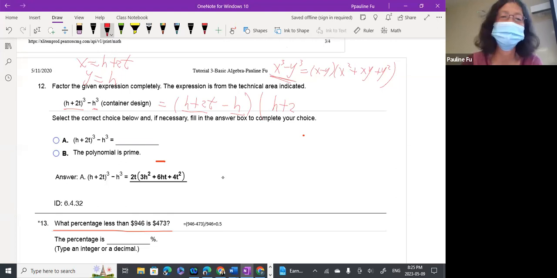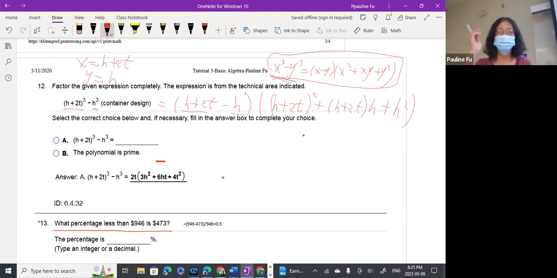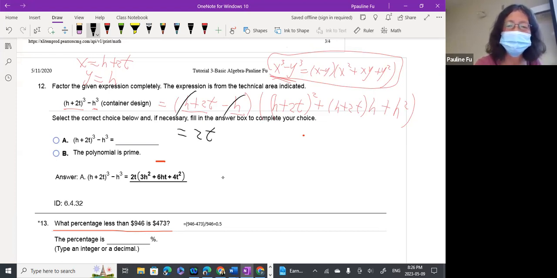So h plus 2t squared, plus x times y, plus y squared. Directly use this formula, x equal to h plus 2t, y equal to h. And now h cancels out. You just have 2t.